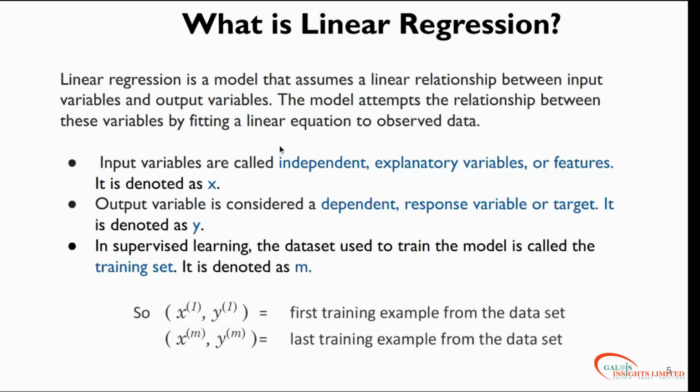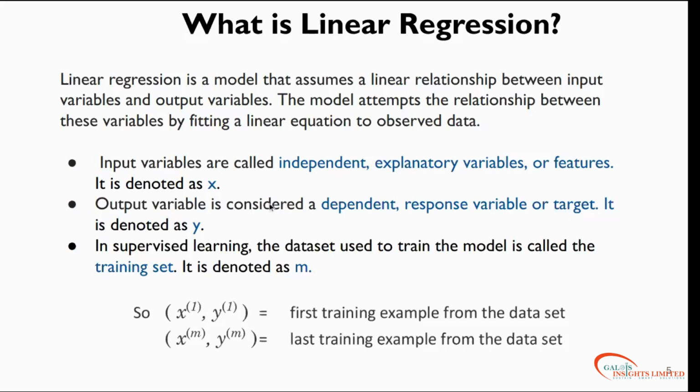In a typical linear regression model, the input variables are normally called the independent variables, which some of us learned in high school and in college. Another name we normally give to these input variables is explanatory variables or features, and they are mostly denoted by x.